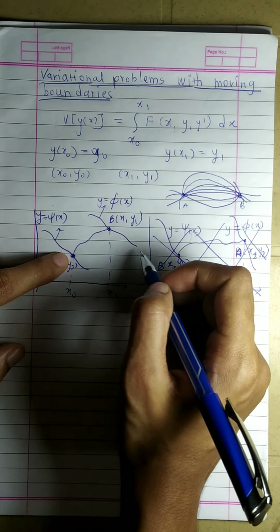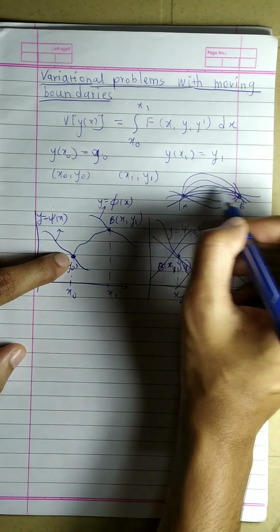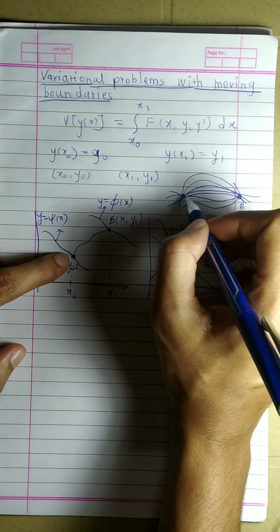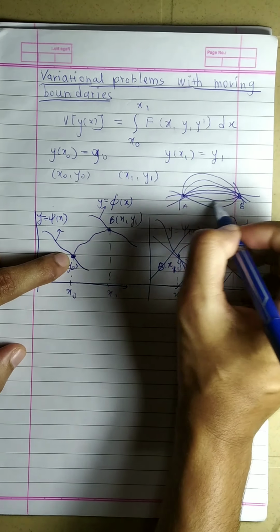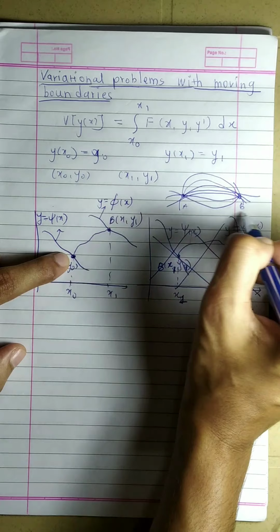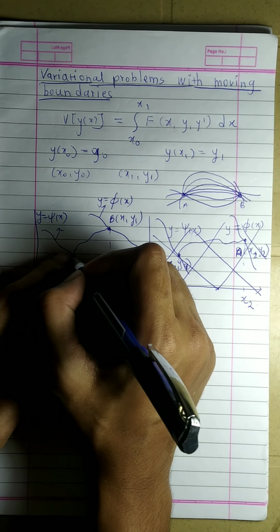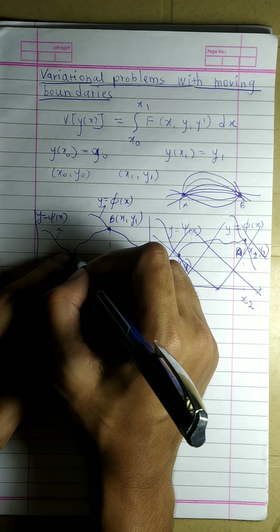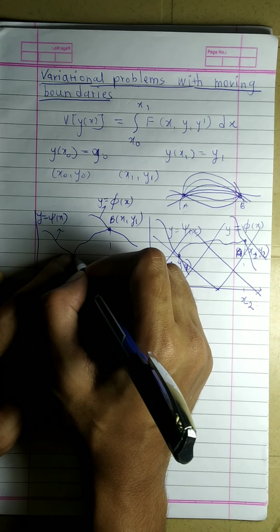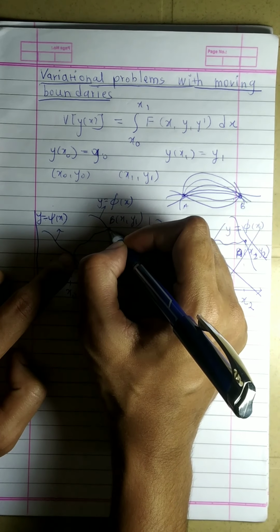So instead of considering only these curves, now we will have to consider the curves which are close lying to this also. So it will be like, let us keep this point as fixed and allow only this point to move.